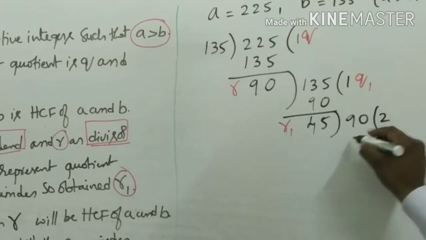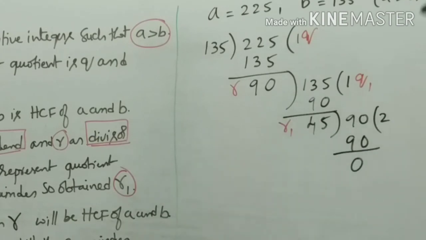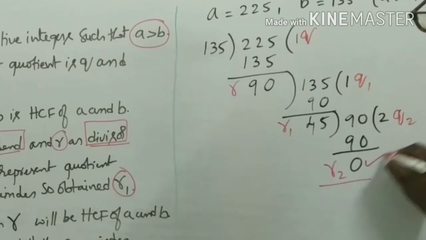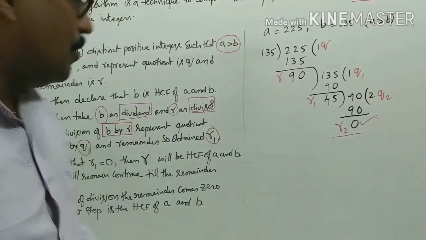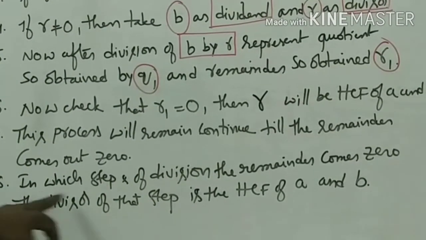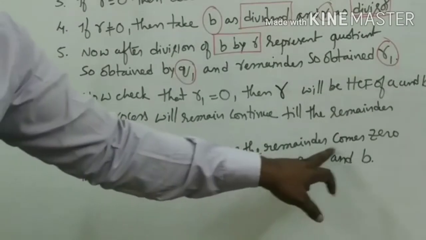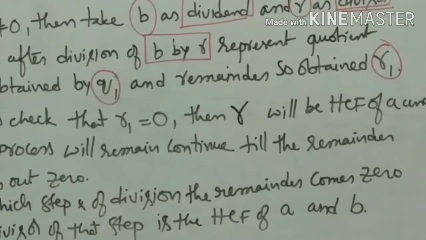2 times 45 is 90, remainder 0. That means now my Q2 is 2 and R2 is 0. Yes, at R2 it is 0. Now the remainder is 0. So in which step of division does the remainder come 0? The divisor of that step is the HCF.